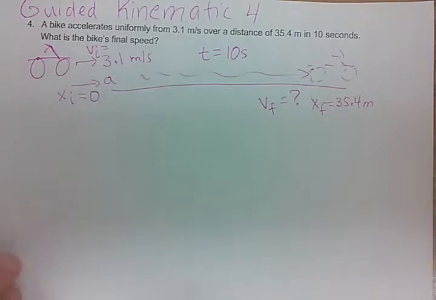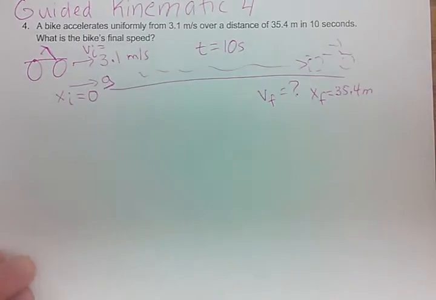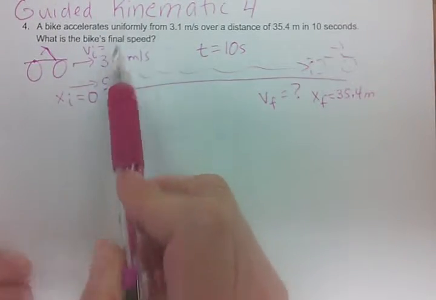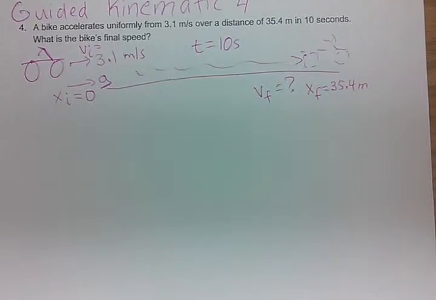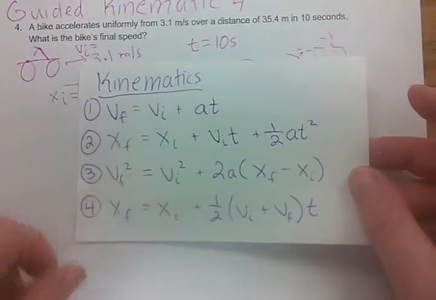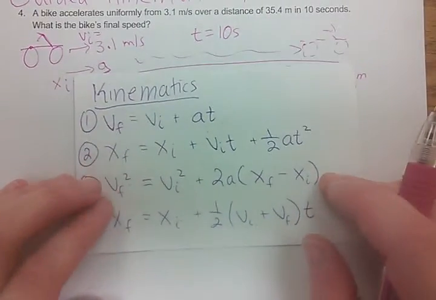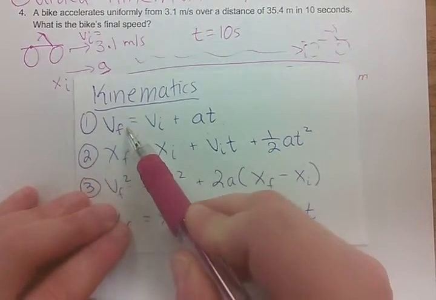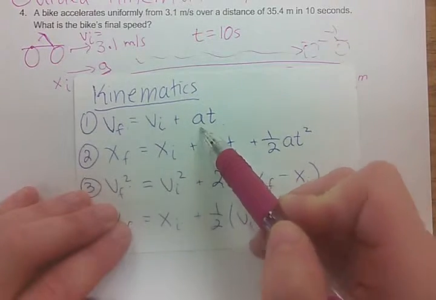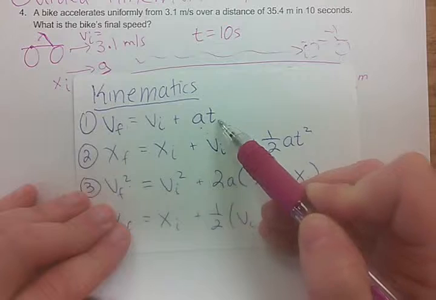We also don't know the acceleration, but the problem doesn't really mention acceleration except to say that it accelerates uniformly. Next, we have to figure out which kinematic we want to use. So we're looking for VF, we have VI, we do not have acceleration, but we do have time.